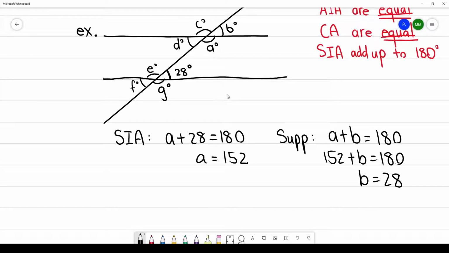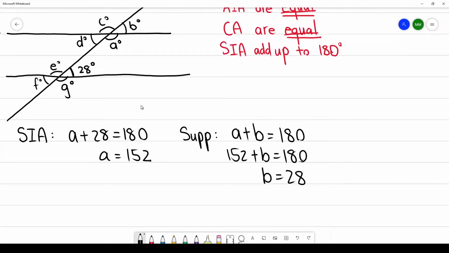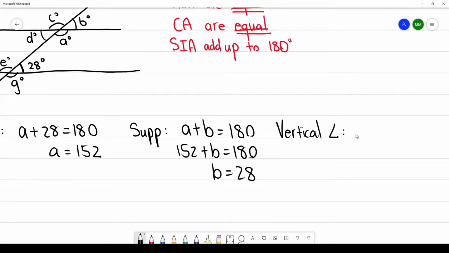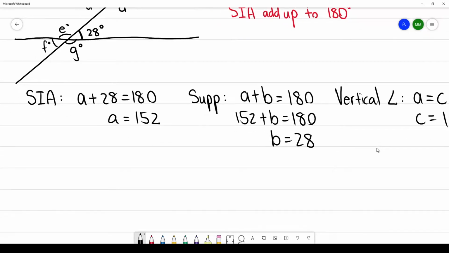Now for solving for C, I'm going to use vertical angles. This is the symbol for angle, okay? So these two, C and A are vertical angles. So A equals C, just straight up. A is 152, so C is 152.